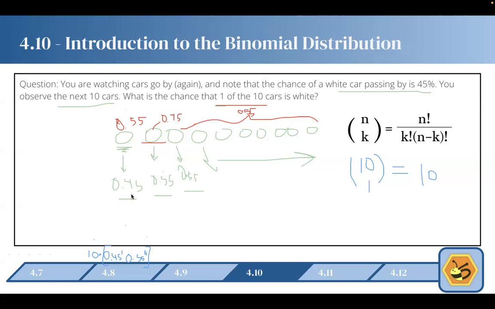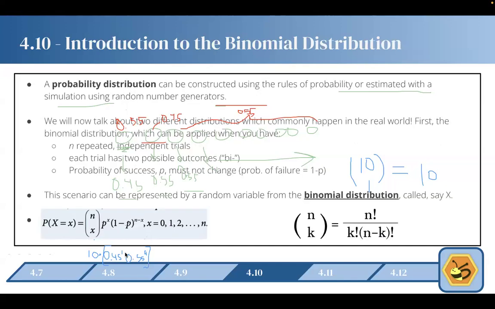But now we're looking at an aggregate of all 10 possible cars. And when we do that, if we're only looking for one to be white, then we'll have 0.45 times 0.55 for the rest of them. So that's this formula of 0.45 to the 1, since we're looking for one white car, times 0.55 to the 9, because 10 minus 1 is 9.